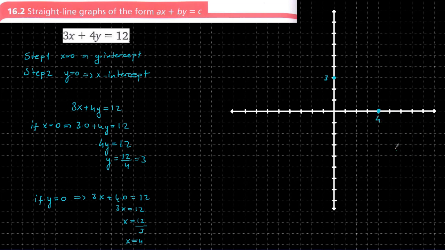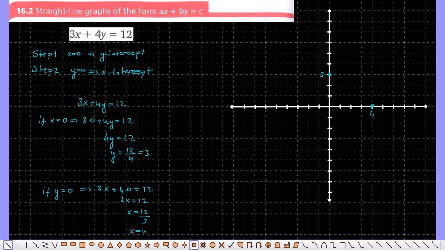Now the thing I am going to do is connect these 2 points. If I connect these 2 points, then I will find the graph of the straight line, and I'm going to use the help of this tool here. I'm going to start from this point here, and I'm going to choose a different color here.